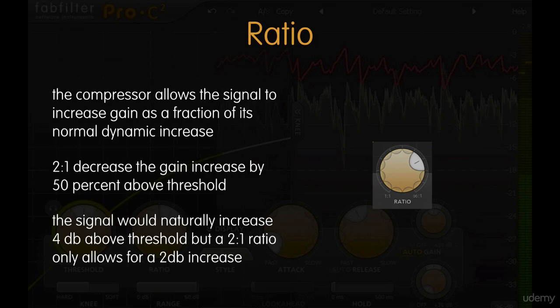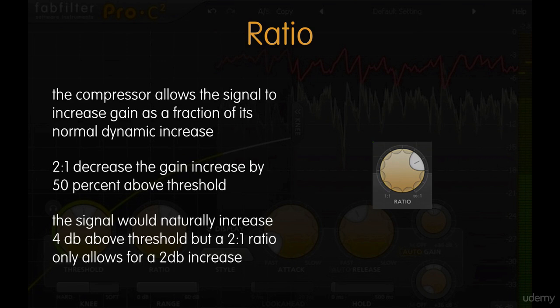The ratio is the severity of the compression once it crosses the threshold and the attack time has been achieved and the gain reduction kicks in. How much gain reduction, right? It always is an expression of the intention and the actual amount it's allowed to go up.